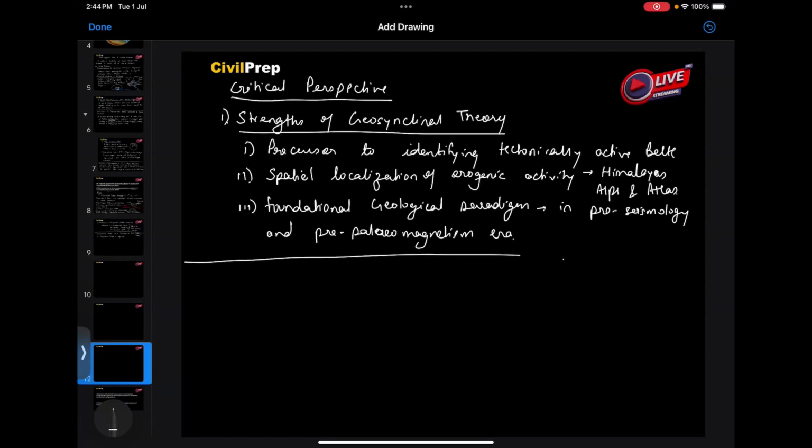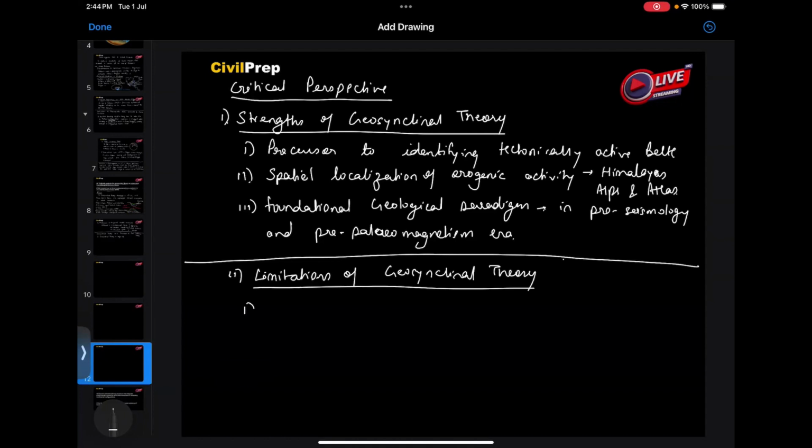Now, when we look at the limitations, here we'll be saying that it lacked the driving mechanism, for example, convection currents.